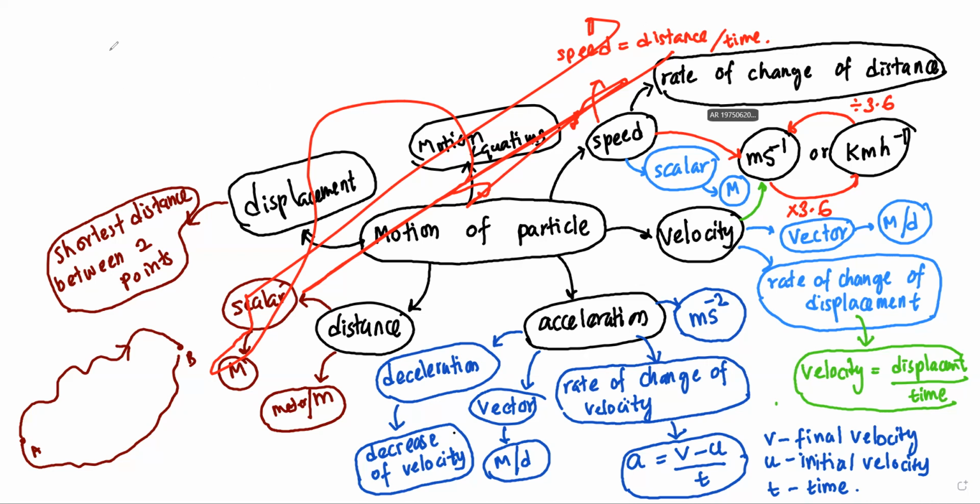These two equations relate five quantities: v, final velocity; u, initial velocity; a, acceleration or deceleration; s, displacement; and t, time.